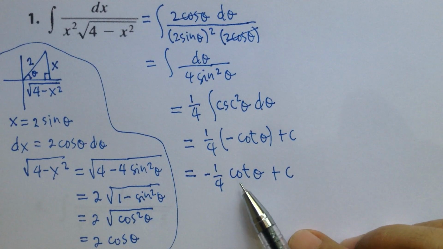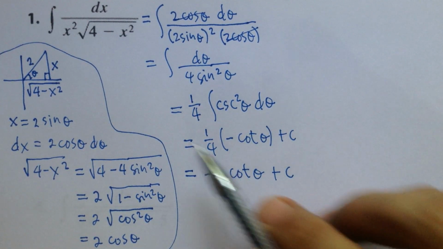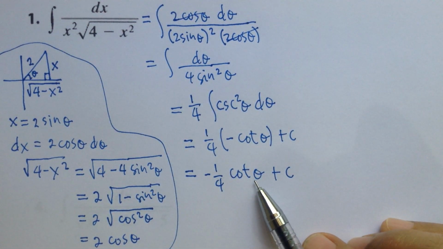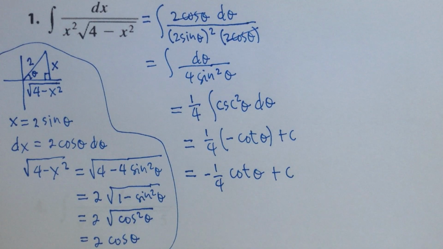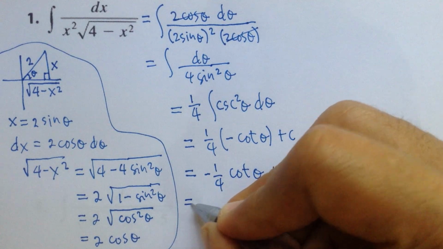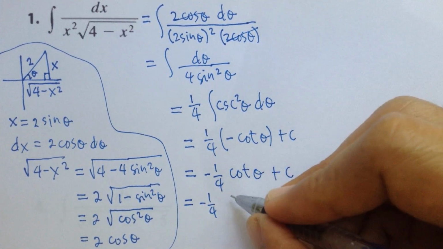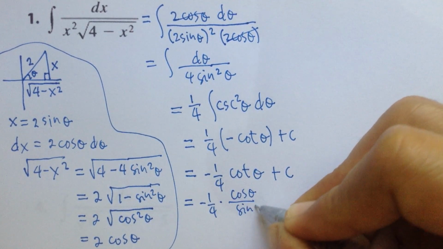Take note that you have to express your answer in terms of x. So that means that cotangent theta must be expressed in terms of x. How do we do that? Well, we know that cotangent theta is cosine theta over sine theta, right?